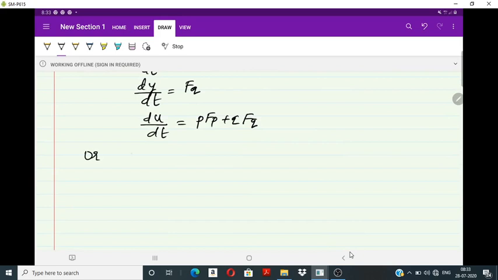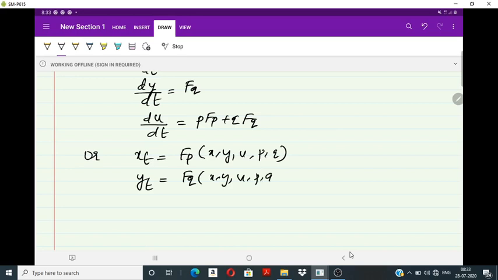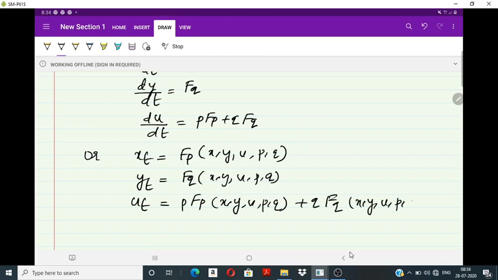Or we can write xt is equal to fp at x y u p q, yt equal to fq at x y u p q, and ut is equal to p fp at x y u p q plus q into fq at x y u p q.